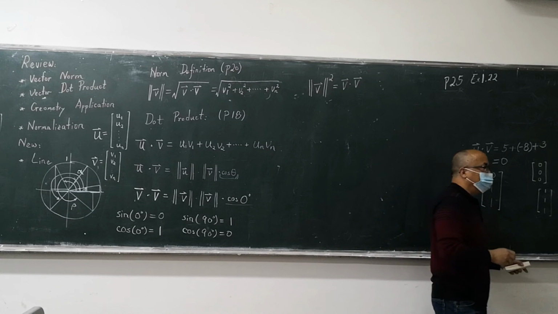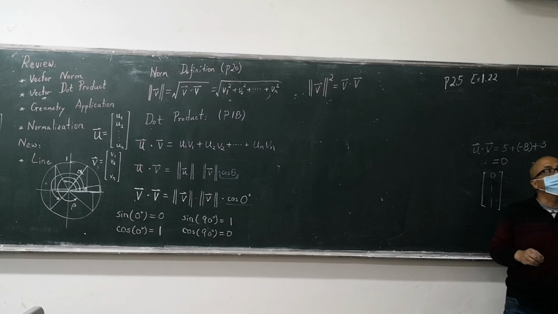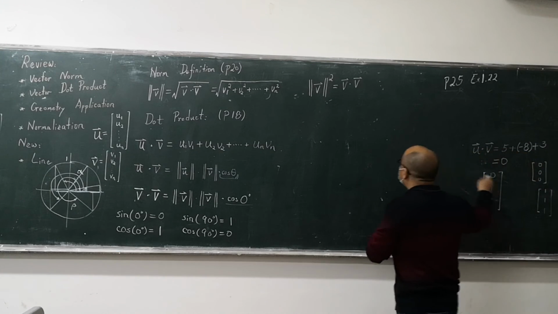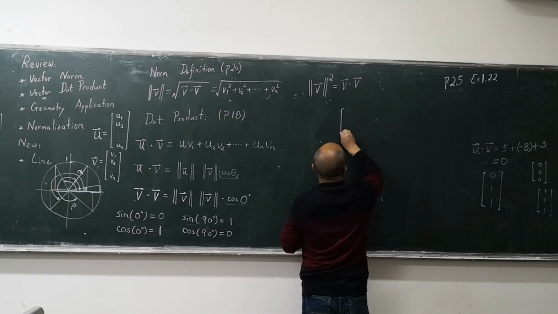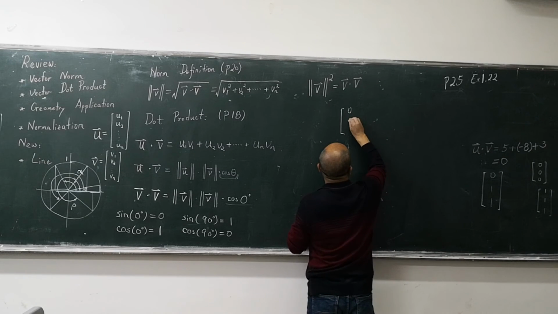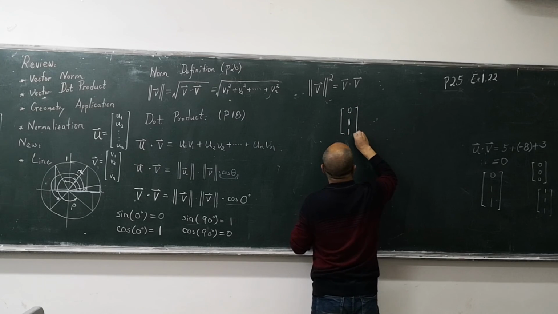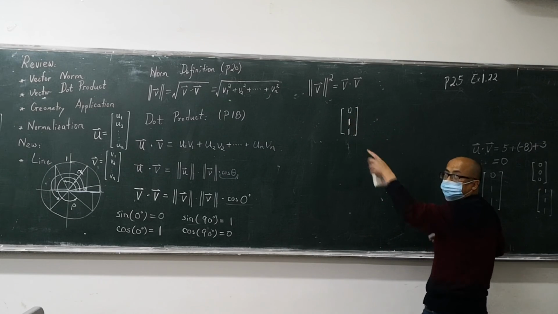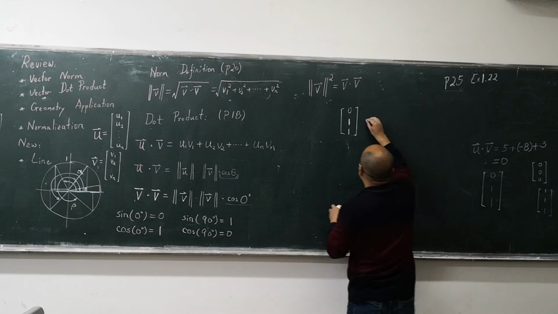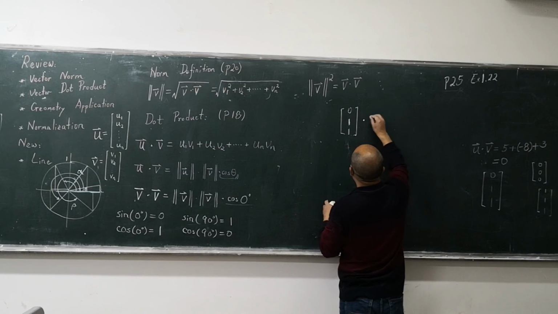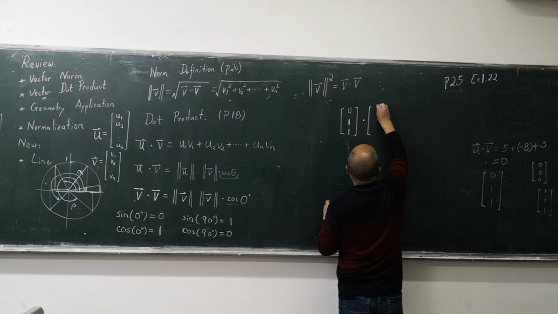So this vector is 0, 1, 1. That vector, we take the dot product with 1, 0, 1.